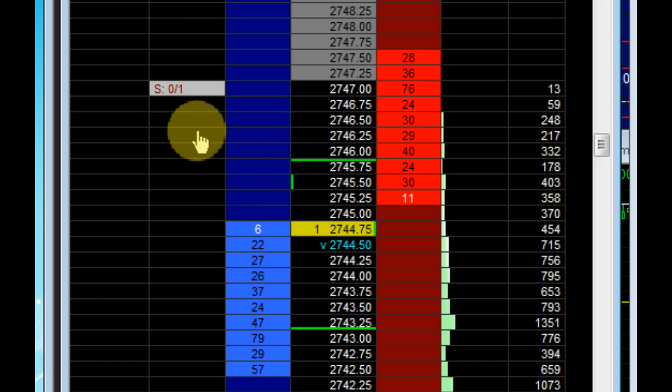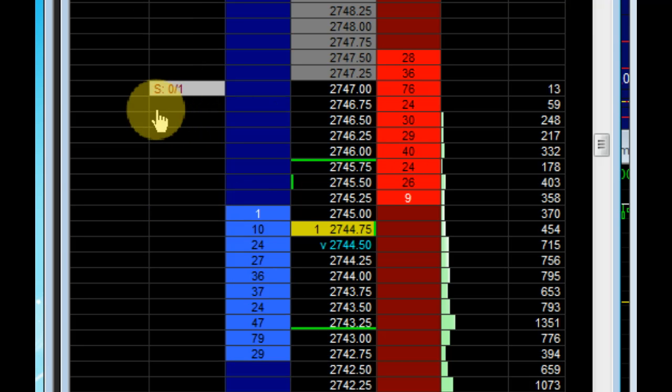Over here to the left, it's what they call an orders column, and you can see right there I have 0 filled of 1 to offer to sell. So what the bot's trying to do there is get short one contract at the 27.47 level. Now, if this was in a trade, you would actually see a different setup.